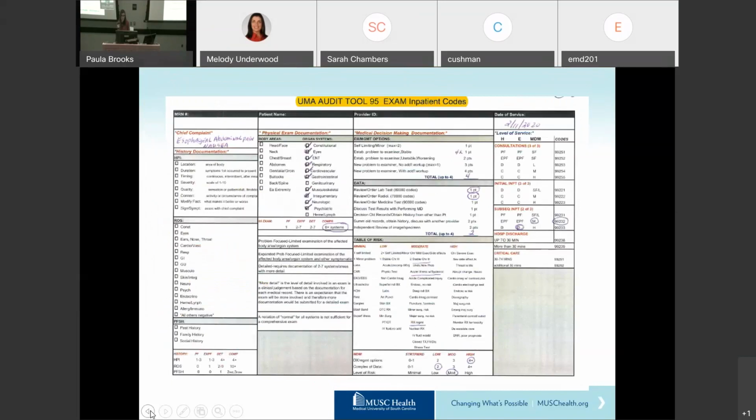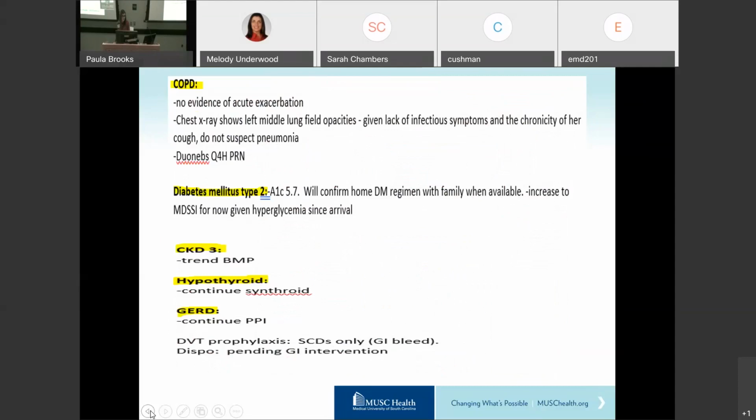So down to the table of risk, we have 4, we have 2, and then there are many ways to look at this one again. We have 2 stable chronics. We have an acute illness with symptoms. We also have prescription drug management because they're continuing them on all types of medications.